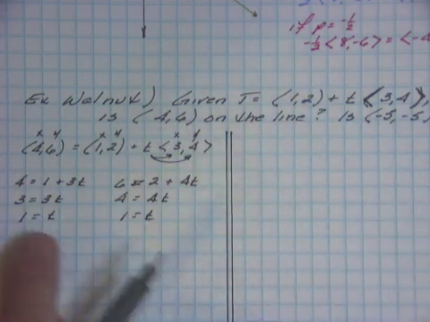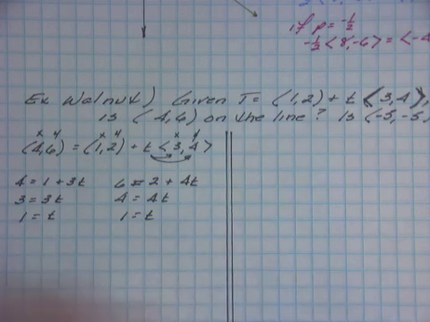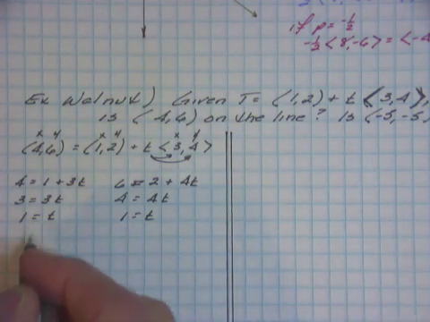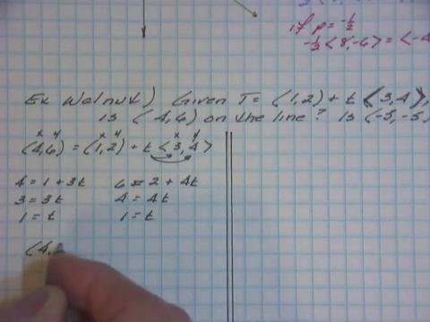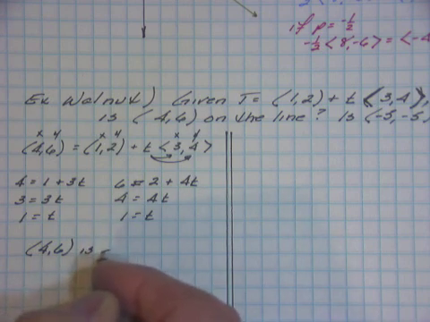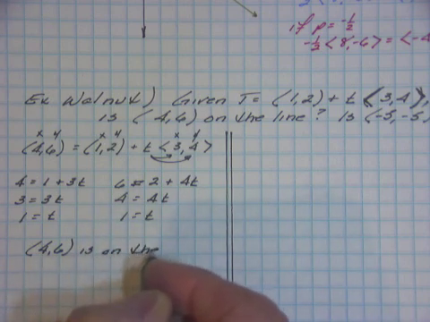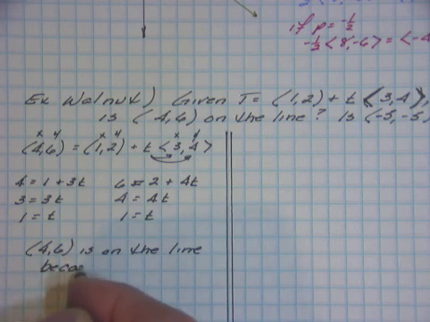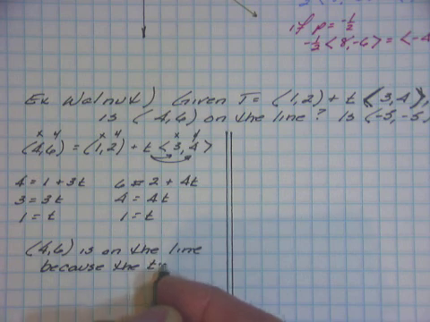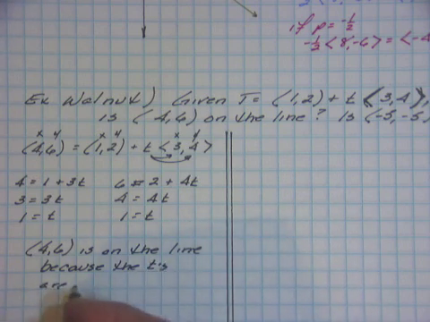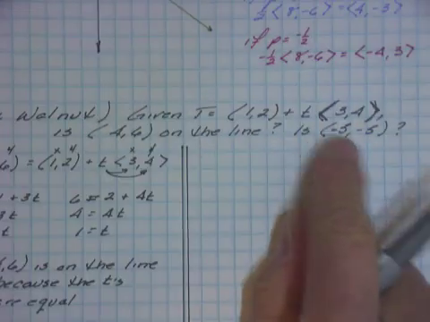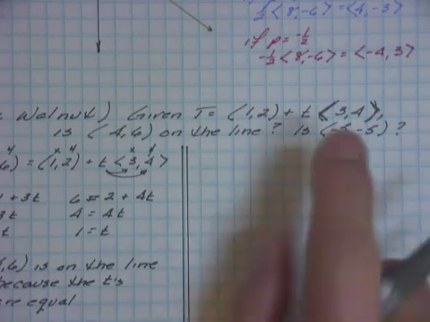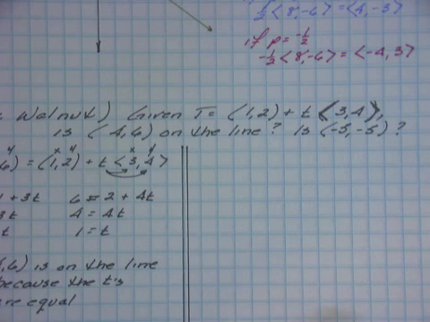Because we got the same multiplier, that tells me that the point 4, 6 is on that line. If these two t's had been different, it wouldn't have worked. So 4, 6 is on the line because the t's are equal.